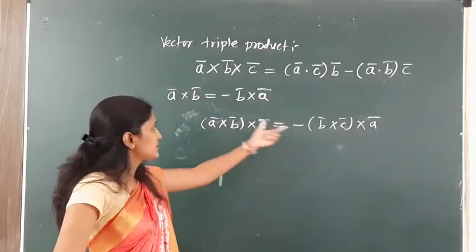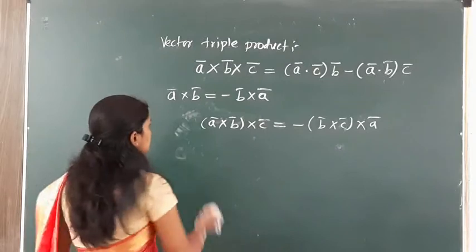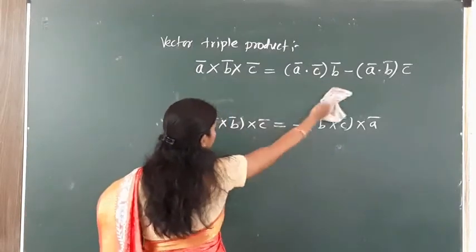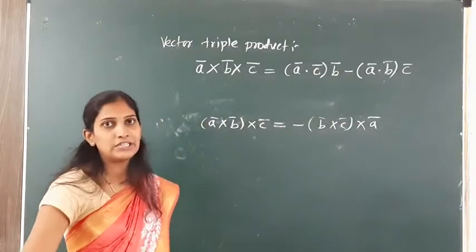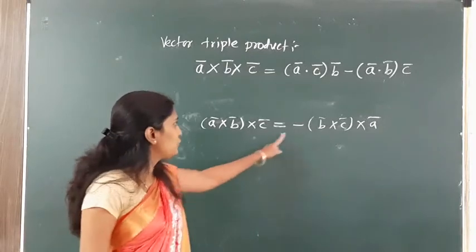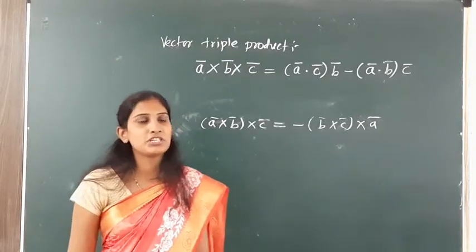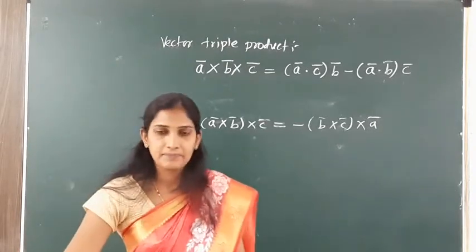This is also similar. Here also the commutative law is not valid. Its value is a minus of B bar cross C bar cross A bar.